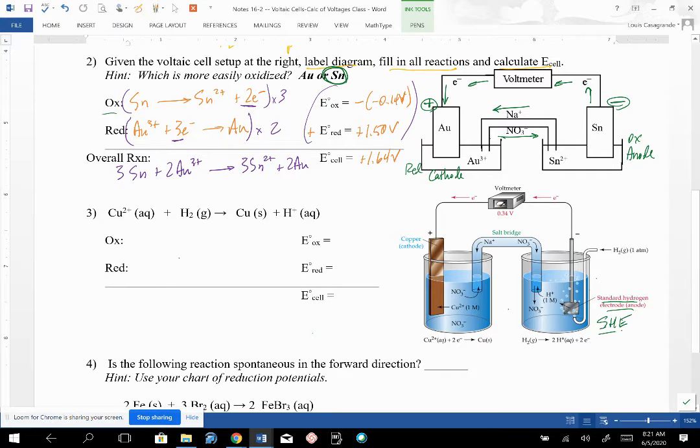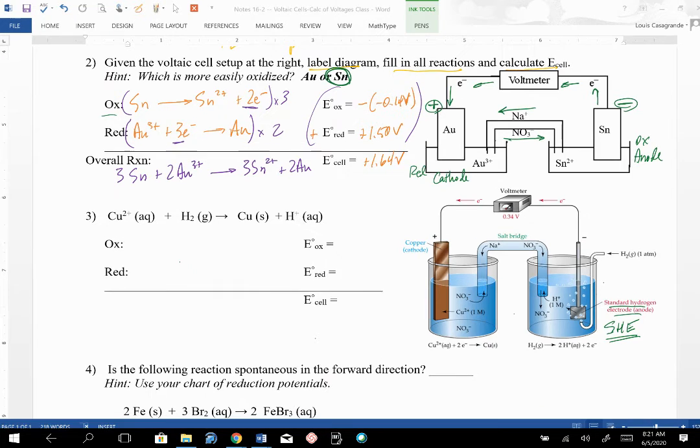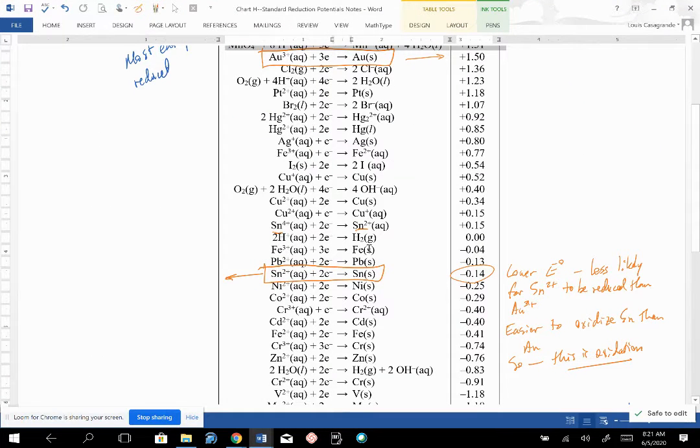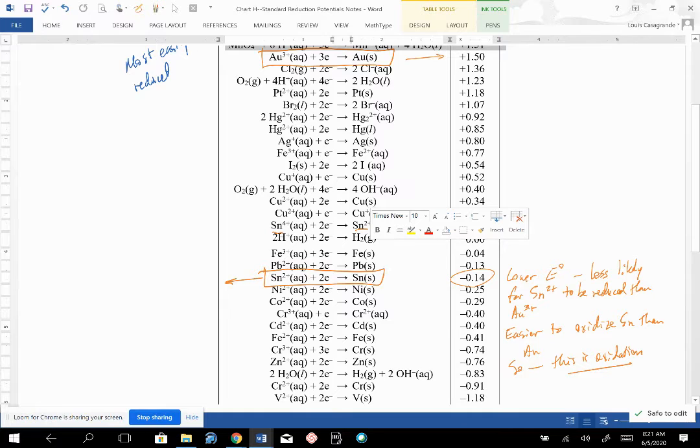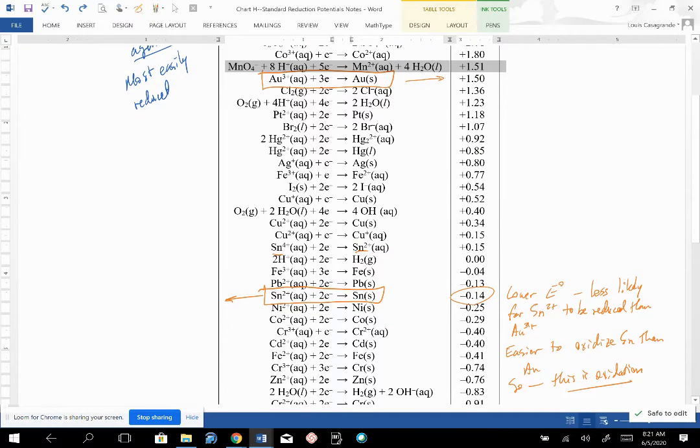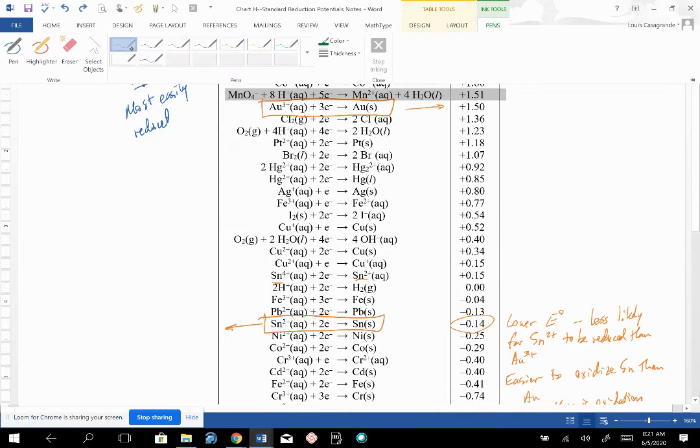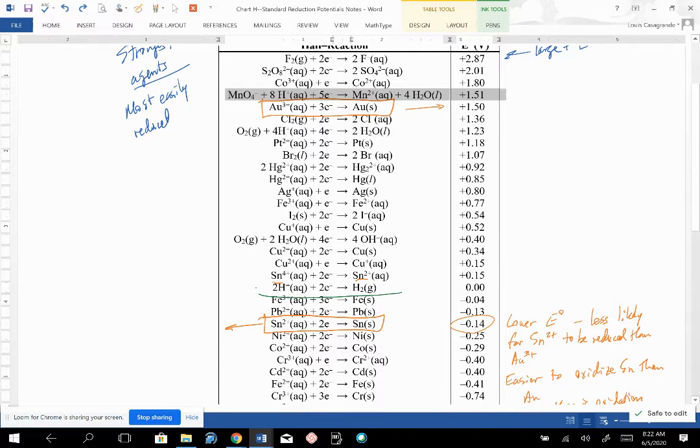So if you see SHE, I'm not trying to talk about somebody in class. This is the standard hydrogen electrode. And if you look at chart H, you'll see that the standard hydrogen electrode is defined as a potential of 0.